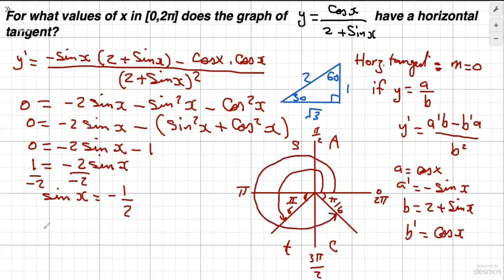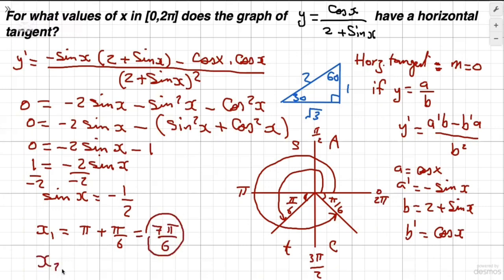The first angle, x1, would go all the way to pi and just add that little pi over 6. With a common denominator, that's 6 pi over 6 plus pi over 6 equals 7 pi over 6. So that's the first answer.